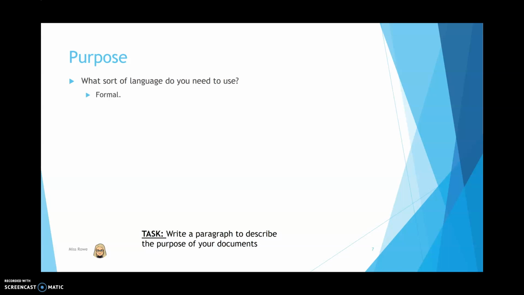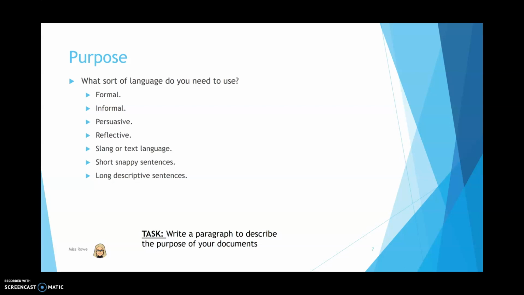So what sort of language do you need to use? Well, you've got to think. You don't want to use text language. You don't want to say "4" as in a number 4 instead of FOR. So you need to think about what kind of language you're going to use. Are you going to use long descriptive sentences? Is it going to be formal?